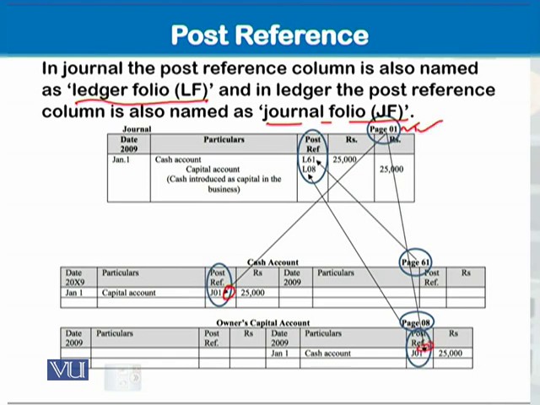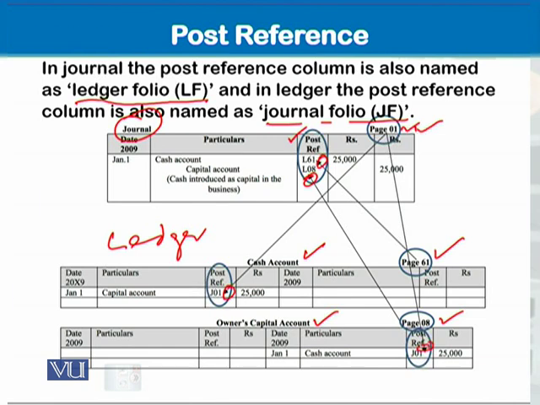So in a way, in the ledger, the post reference is the page number of the journal. And in the journal, the post reference, just observe these two arrowheads, is the page number of the accounting heads where its posting has been done.